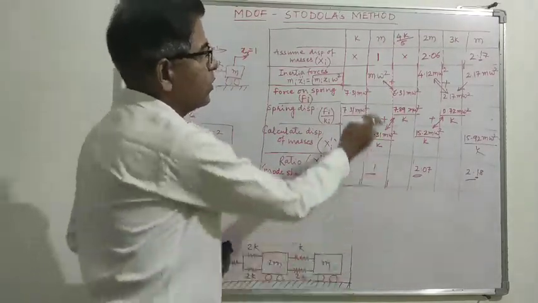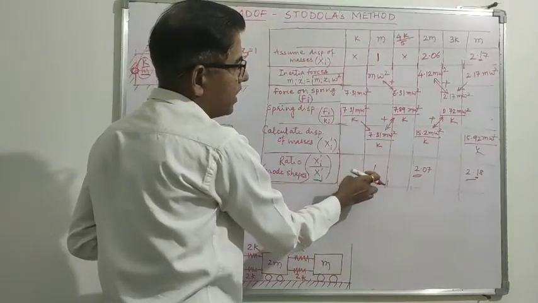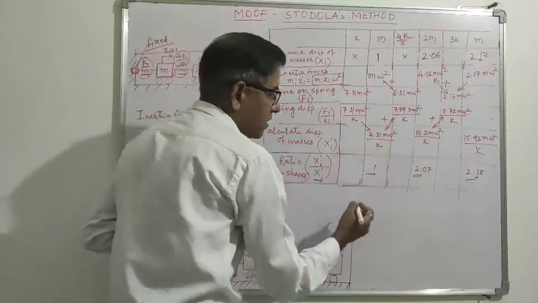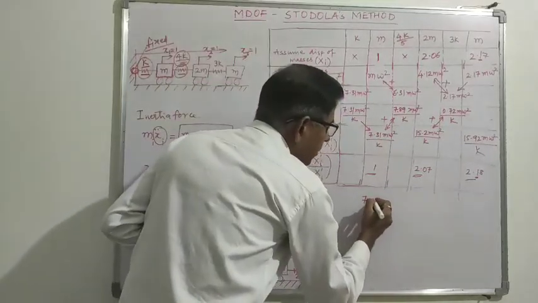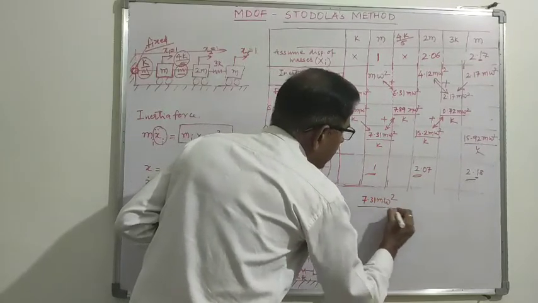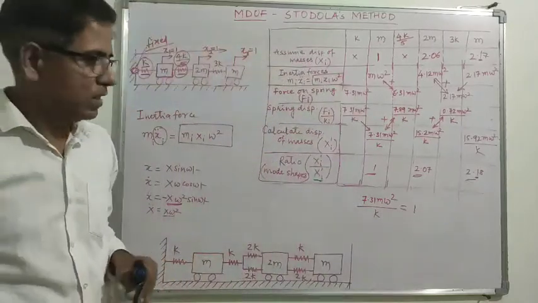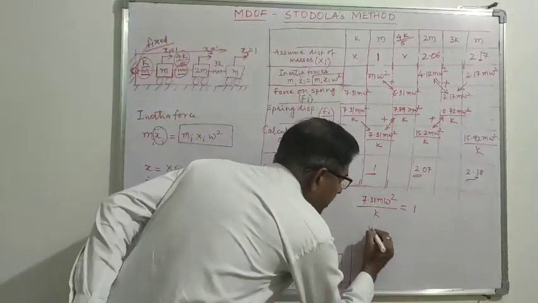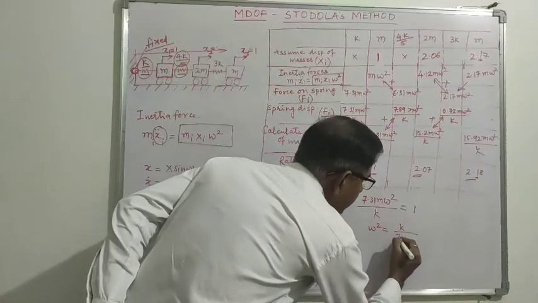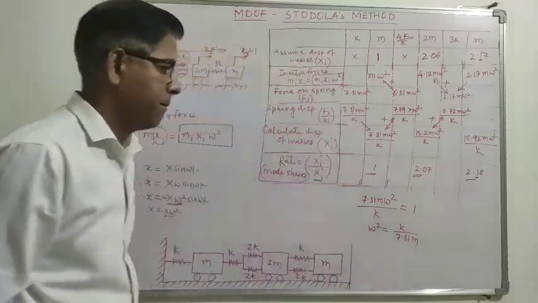Okay. Because we have assumed the displacement as 1, we have obtained the displacement as 1. That means the displacement of the mass, which is nothing but 7.31 m omega square by k, can be equated to 1. So omega square is equal to k upon 7.31 into m.